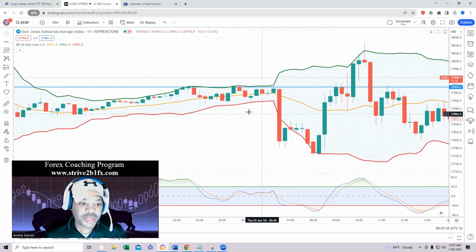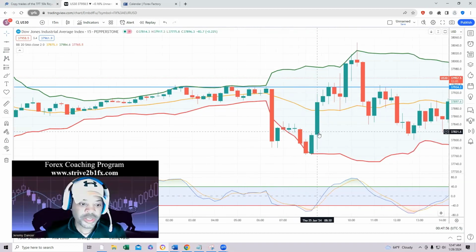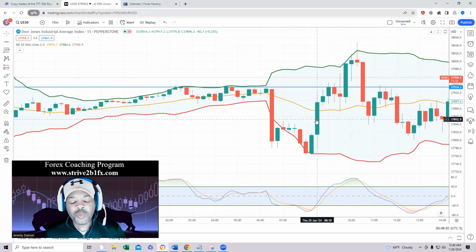All right, so let's go to 8:30. This candle is a candle for 8:30. Now, one thing I want to point out: if you don't see clear patterns or clear confirmations for the setup, then wait until 9:30. If you don't see something solid at 9:30, then wait until 12 to 1.